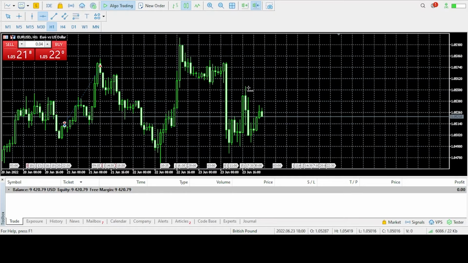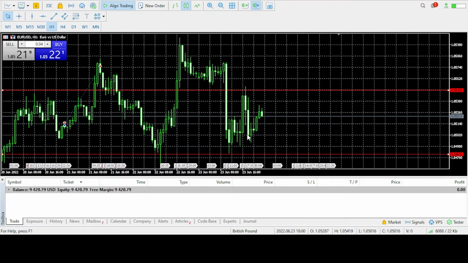If you see, if you place this line over here, or maybe at this level, this is the support it had taken previously, and this was the resistance. The price went up, it went down here.